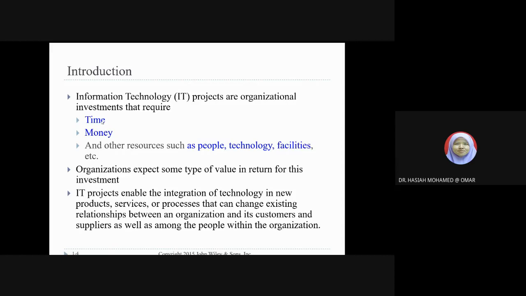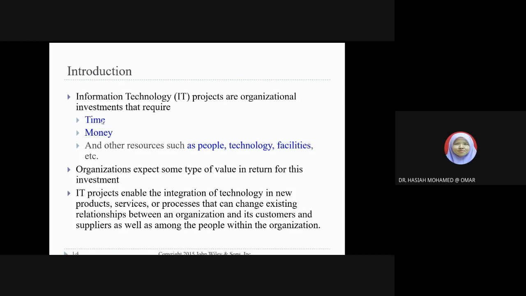In terms of other resources such as people, how many people need to be involved in the particular project so that we can have the complete project. In terms of technology, what technology and facilities do we need in order to assist us to develop the project.